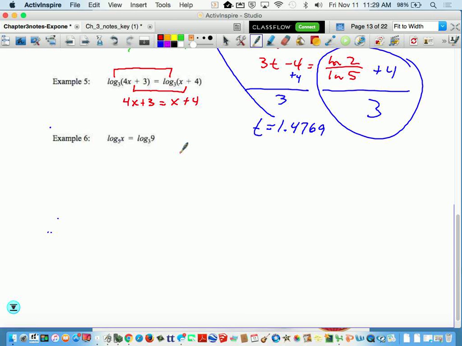So move your x's to one side, move everything to the other, and get your answer. So I have 3x, this is gone, and this is 1. Divide by 3. Are other people getting x equals 1/3? I am. Good, that's what you should get.